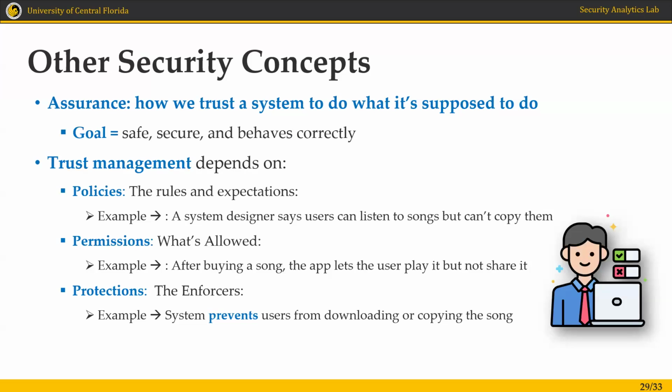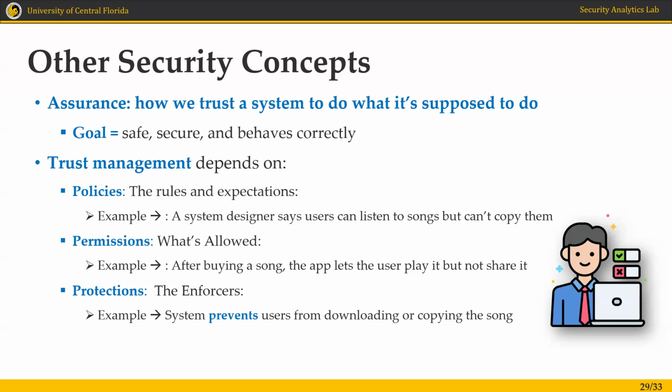We have other security concepts such as assurance, how we can trust the system to do what it's supposed to do. So the goal is to have a safe, secure system that behaves correctly. And we have obviously a lot of security audits, ways to achieve that. Trust management depends on policies, so the rules and expectations. I think clear policies and rules have to be set by the infrastructure for everyone, meaning the users and the workers.